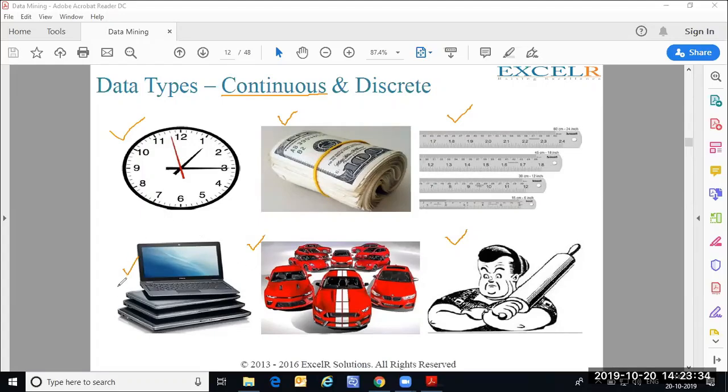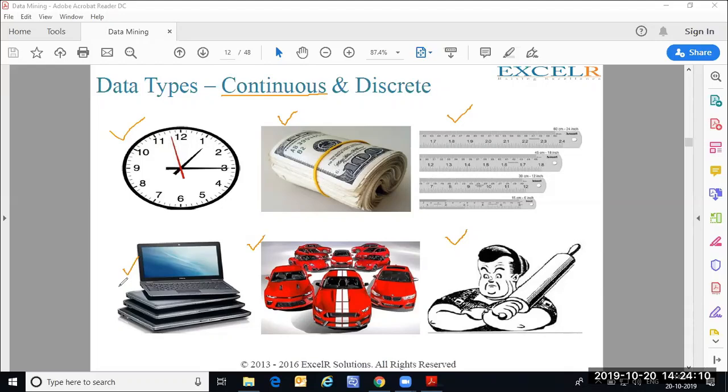Now, something which cannot be represented in decimals, which has to be a whole number, or which could be categories, like male, female in the case of gender. For example, will the customer default on paying back the loan, yes or no? These are mutually exclusive classes.